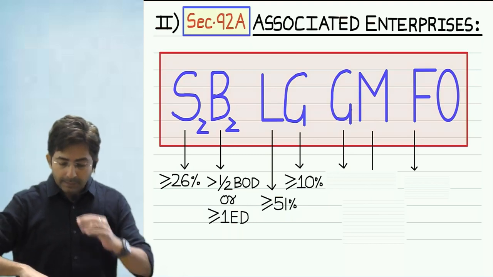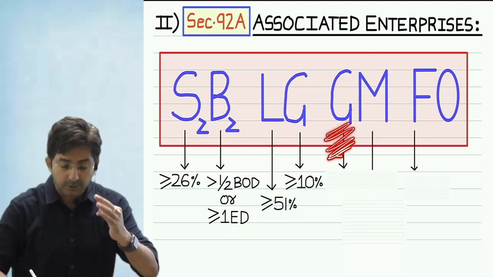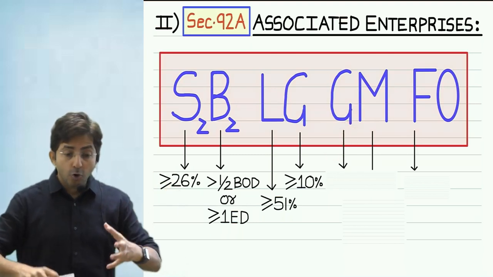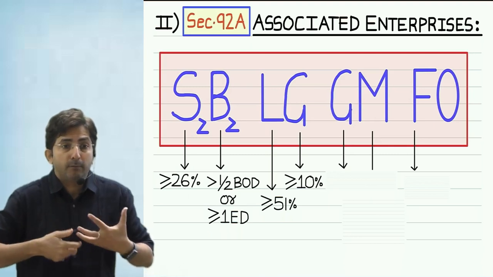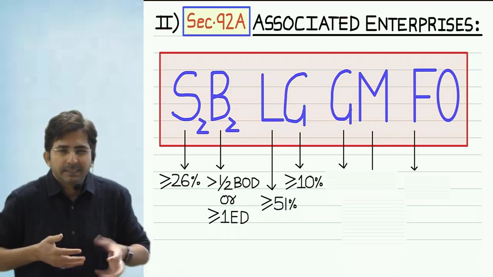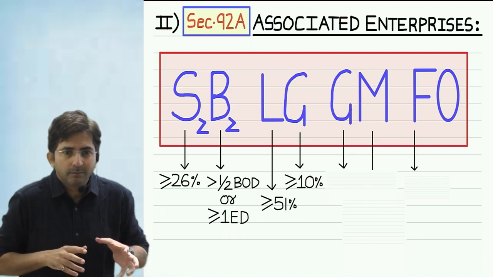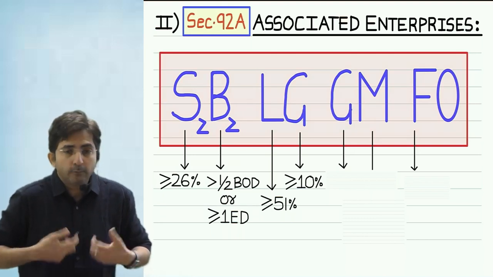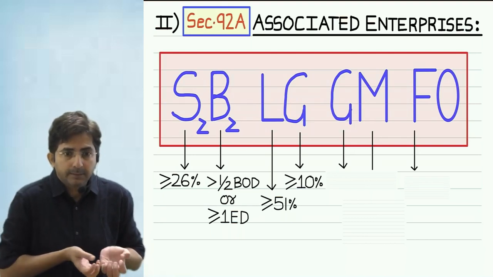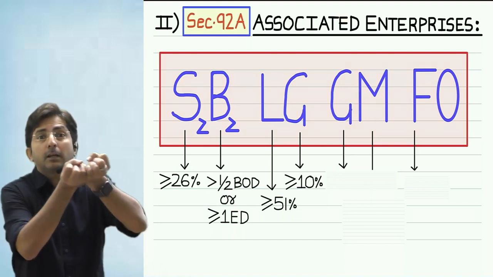See, I repeat the whole sentence written in the law. G. Goods manufactured by one enterprise, say Z Limited, X Limited, whatever. Listen to me. Goods manufactured by one enterprise are sold to another enterprise.